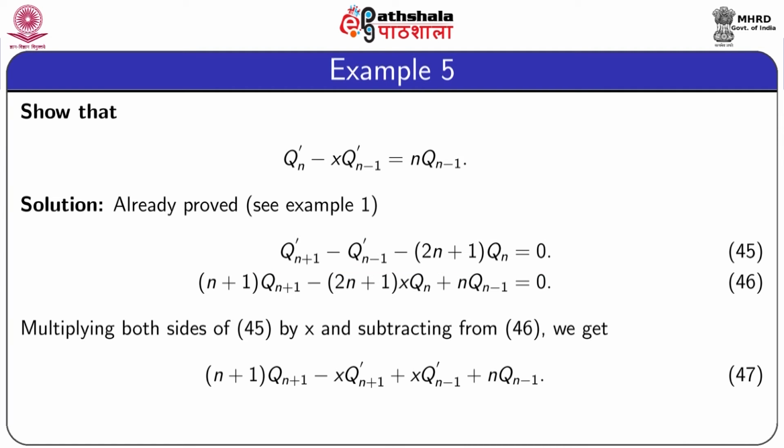If we rearrange the terms, we will get expression number 46. We multiply both sides of 45 by x and subtract it from 46, we get (n plus 1) Q n plus 1 minus x Q' n plus 1 plus x Q' n minus 1 plus n Q n minus 1 equal to 0.